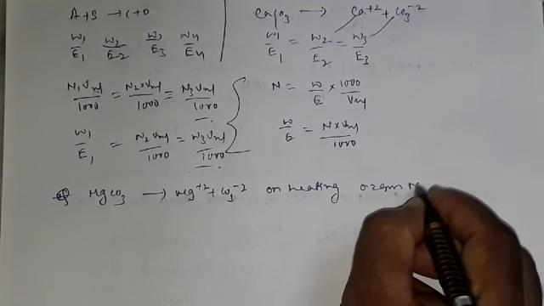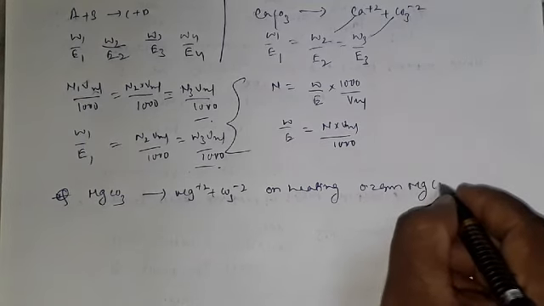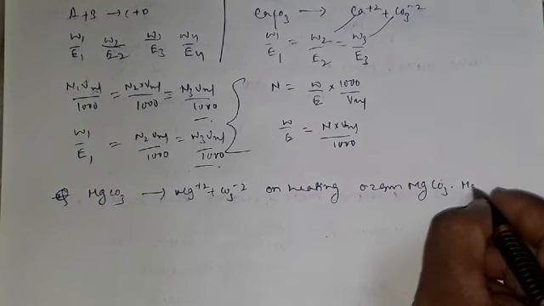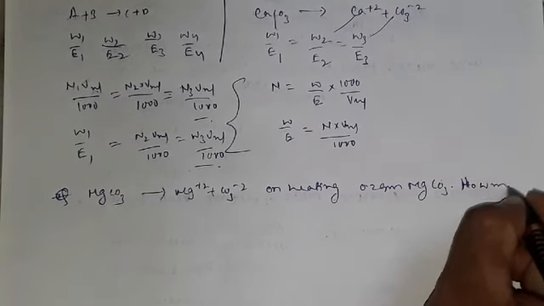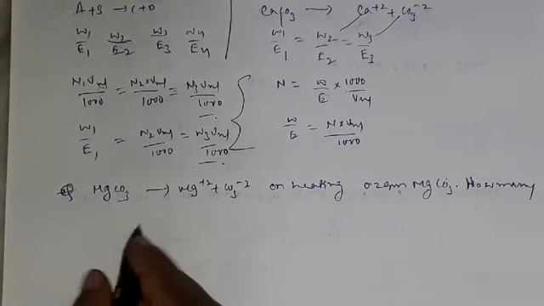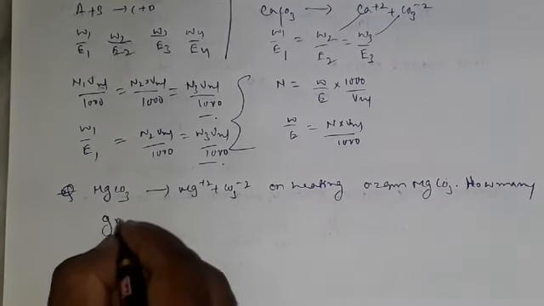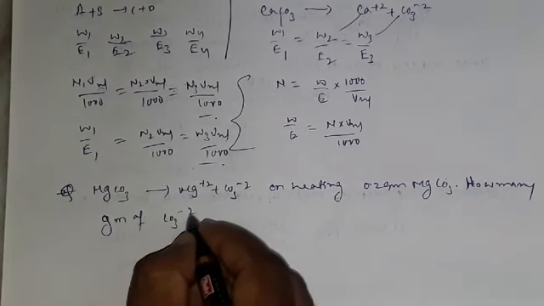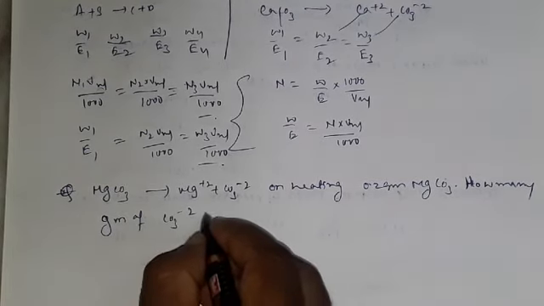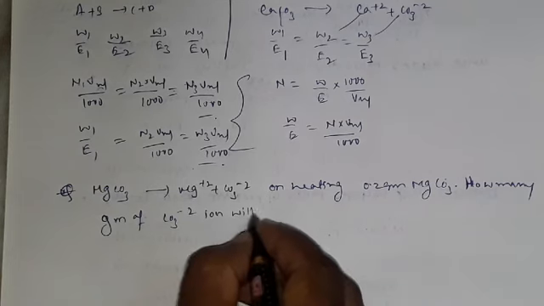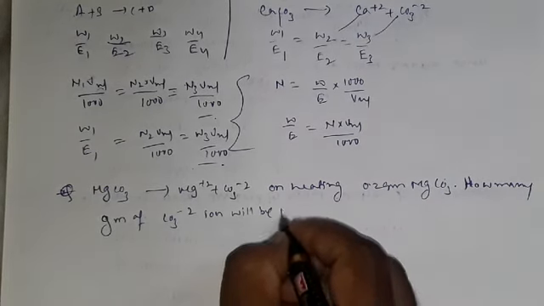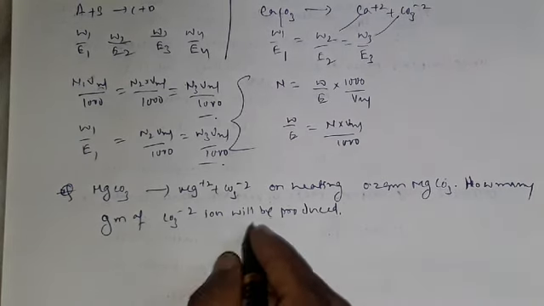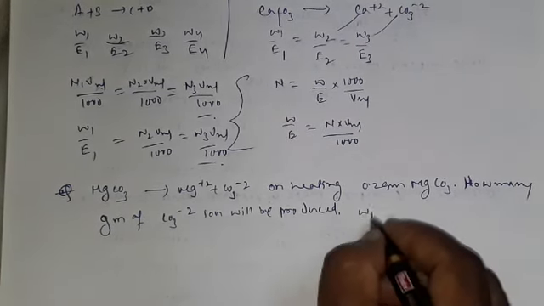If 0.2 grams of MgCO3, how many grams of CO3 2 minus ions will be produced?